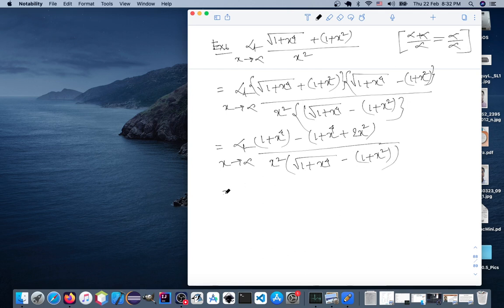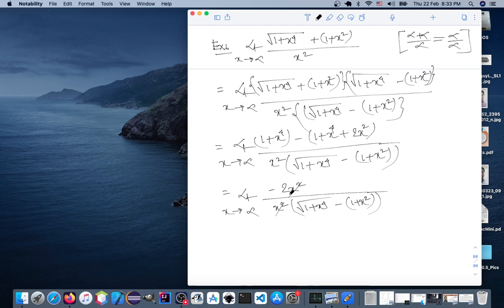This becomes minus 2x square over x square, 1 plus x to the power 4 minus 1 plus x square.